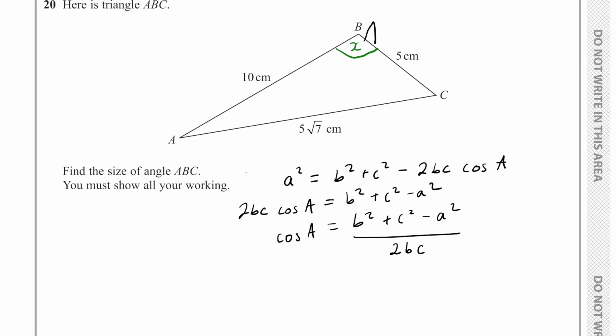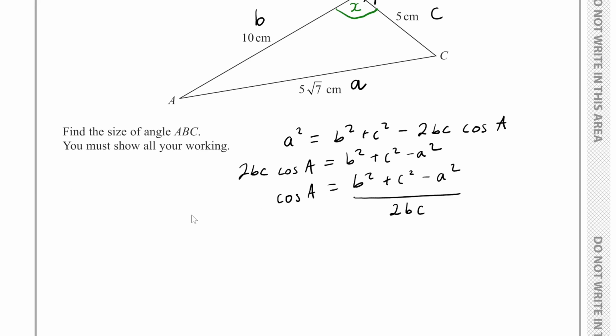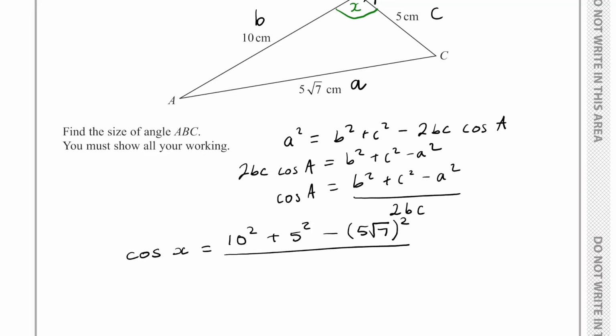So we're going to have big A as our angle. Opposite big A is little a, and the other two are b and c. So that is going to be cos x equals b squared, so 10 squared, plus c squared, which is 5 squared, minus a squared, which is 5 root 7 squared, over 2bc, which is 2 times 10 times 5.